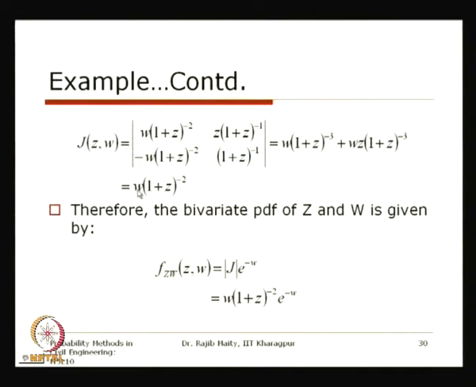So this is the Jacobian. That joint distribution will be its Jacobian times exponential minus w, so w into (1 plus z) to the power minus 2 e to the power minus w. This is the joint density between z and w.